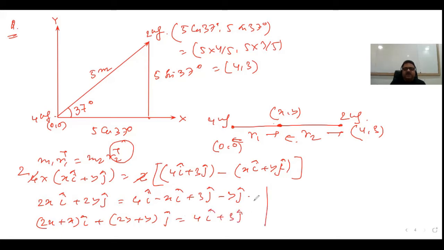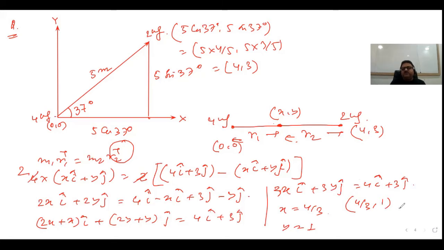Now simplify this: 3x i cap plus 3y j cap, which is equal to 4i cap plus 3j cap. Now equating, therefore x equals 4 by 3 and y equals 1. So the coordinate of central mass is 4 by 3, 1. So easily we can find it out.